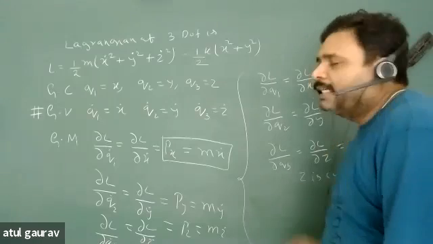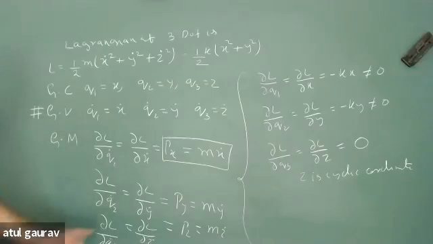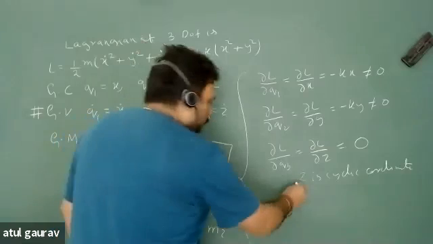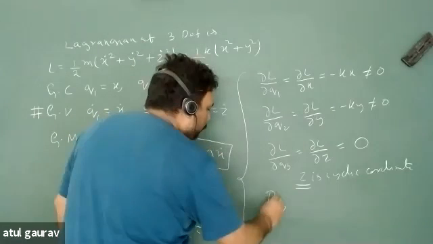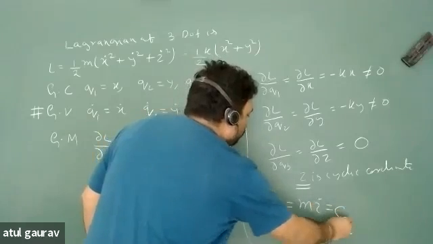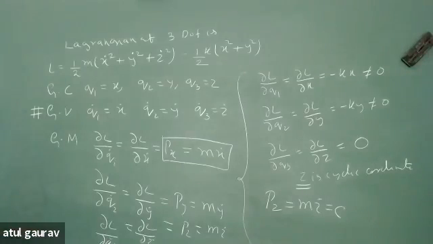Now, if z is a cyclic coordinate, which quantity is going to be conserved? Obviously the momentum associated with z. So Pz is equal to m z dot is constant. If you have any doubt from here, you can just ask me.